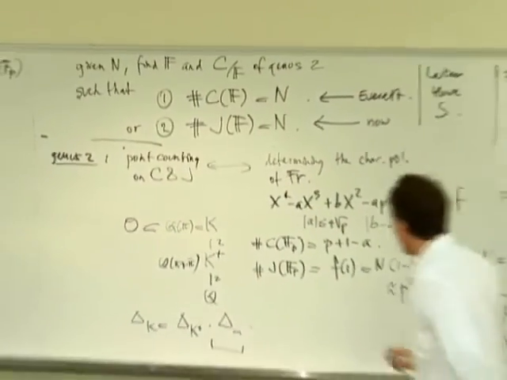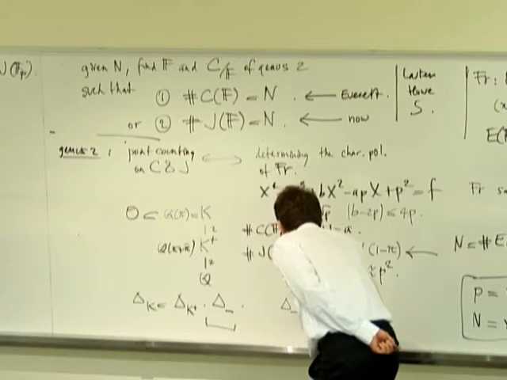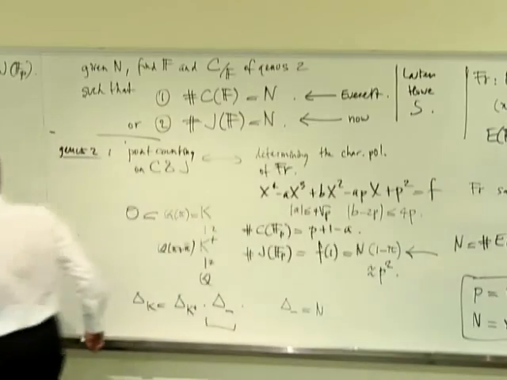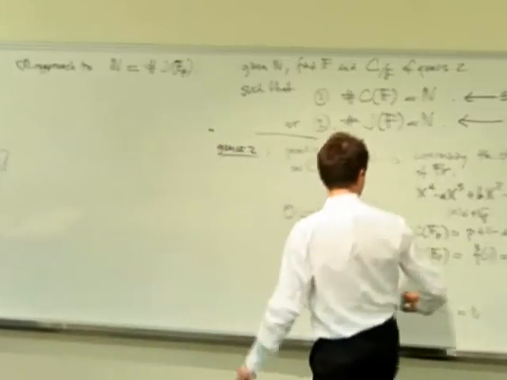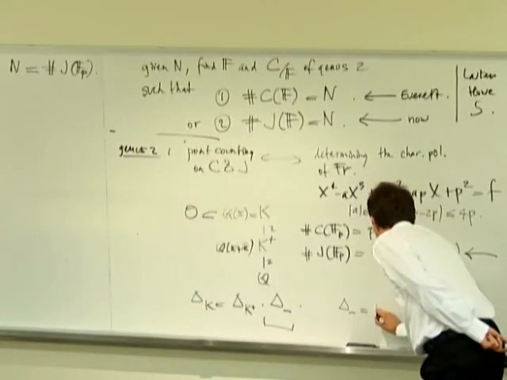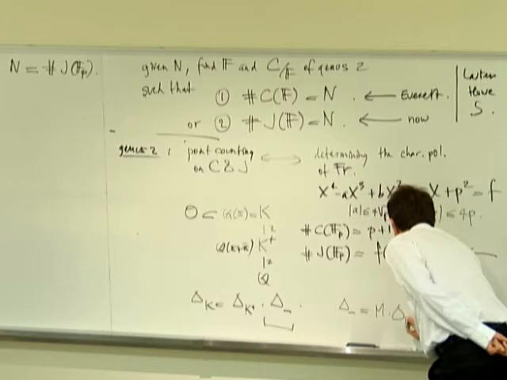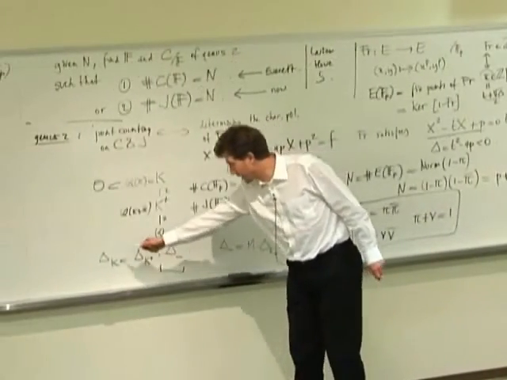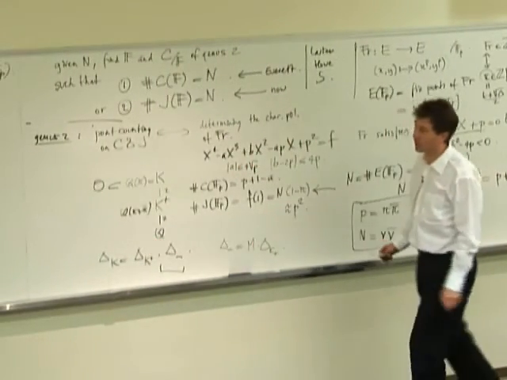But since delta minus is in fact a multiple, maybe not n, some other multiple, m, times the delta of K plus, you see that delta minus is, so to speak, the bigger factor of delta K, so it's at least the square root.